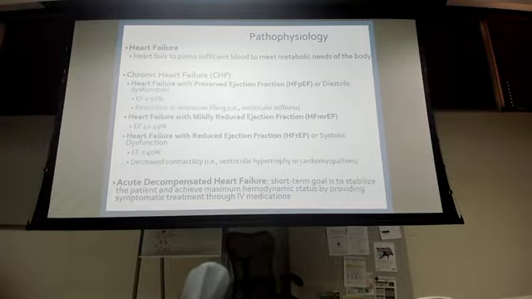And if it falls at 50 or above, okay, you still have a good ejection fraction. It's mildly reduced, takes you down to 41 to 49, and then HFrEF, so with a reduced ejection fraction, your ejection fraction is down below 40, equal or below 40%.